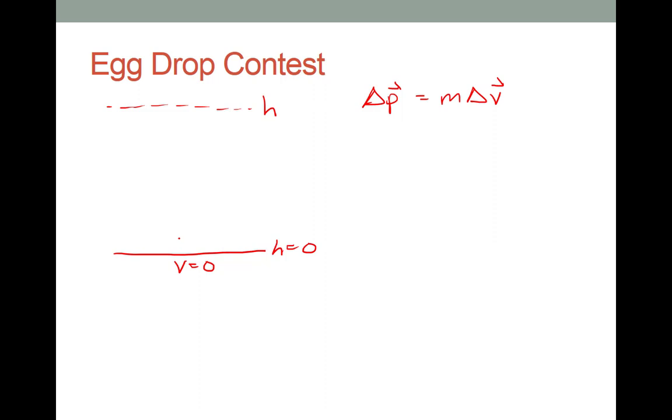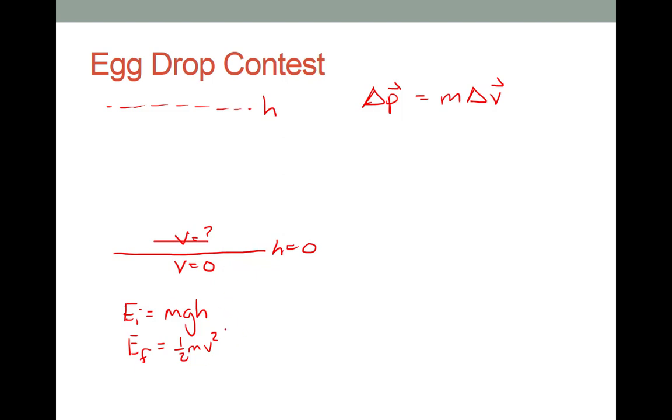How fast is it moving right before it hits the ground? Well, that we can determine by conservation of energy. Our initial energy is going to be mgh, gravitational potential. Our final energy will be kinetic, 1/2 mv squared, right before it hits the ground.